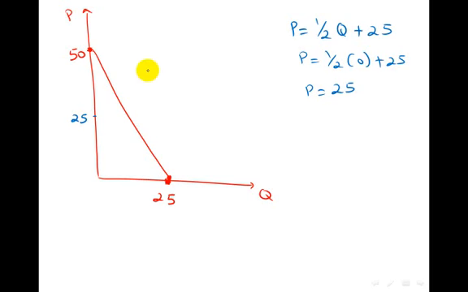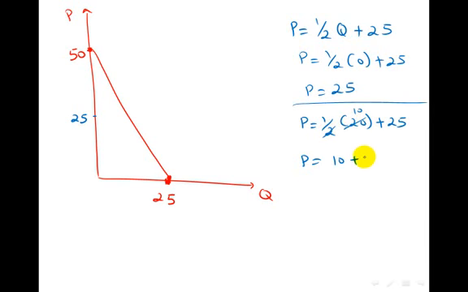So you need another point here. Let me plug in instead of Q whatever number you want. Let's say half of, let's put instead of Q 20, plus 25. Here you can choose whatever number you want. So half of 20 would be 10. This would be 10 plus 25, it would go to 35.